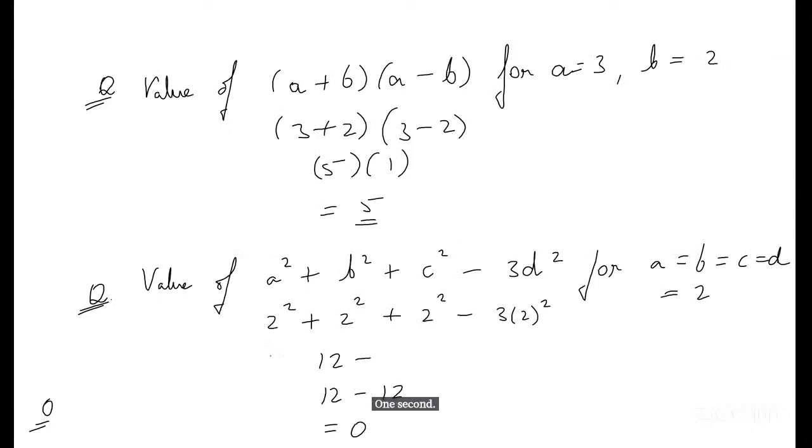It should be 3 into 2 square, 3 into 4, so 12. Yes, got it. So, 4 into 3 and we'll get 12.